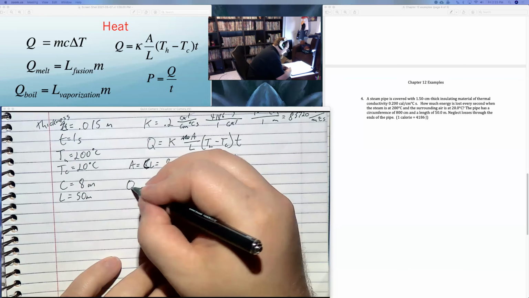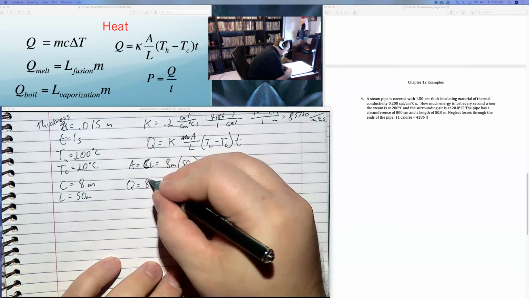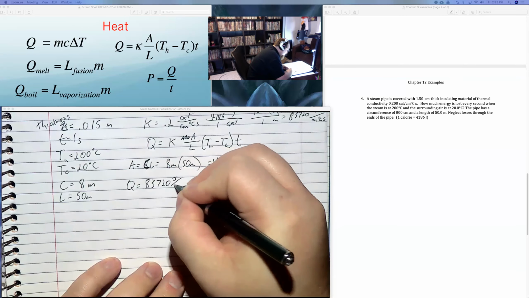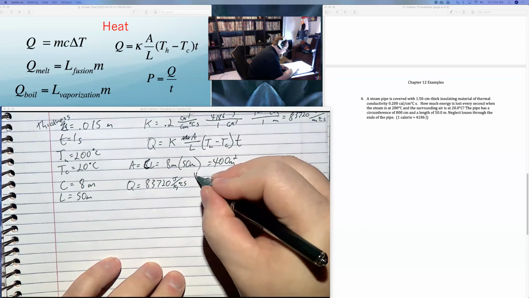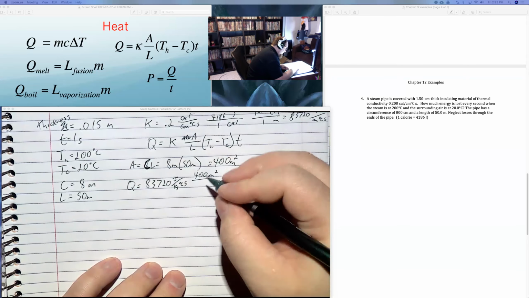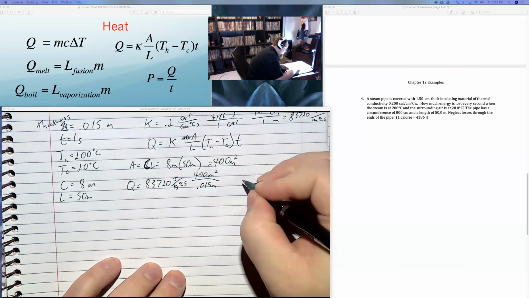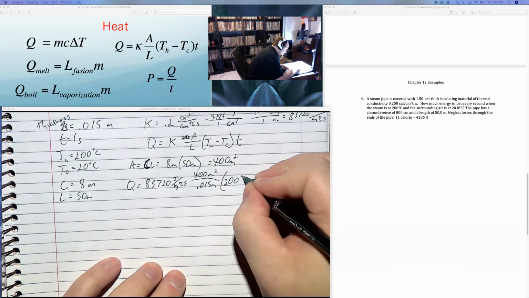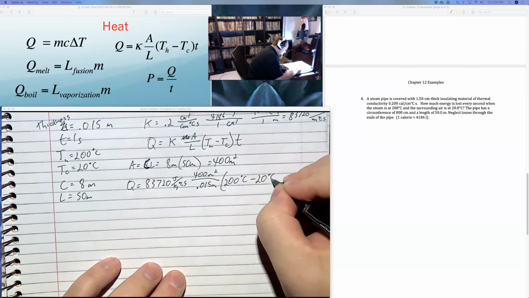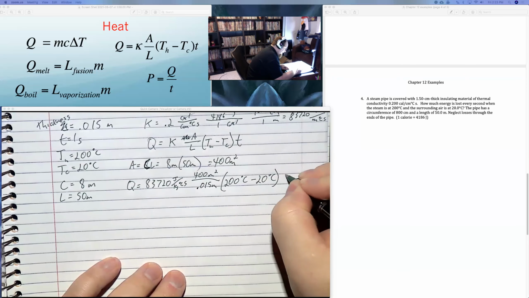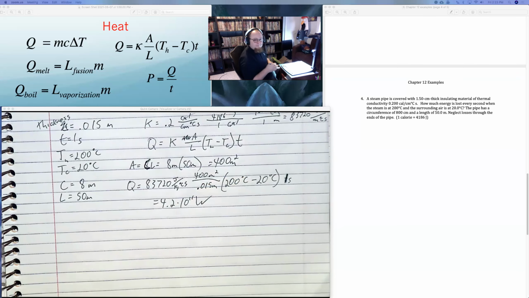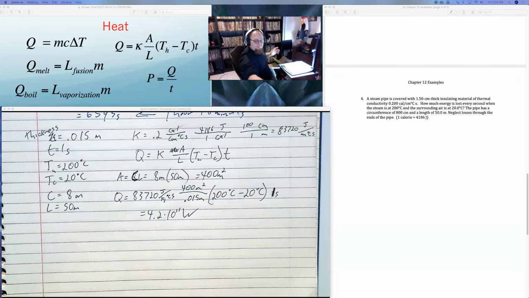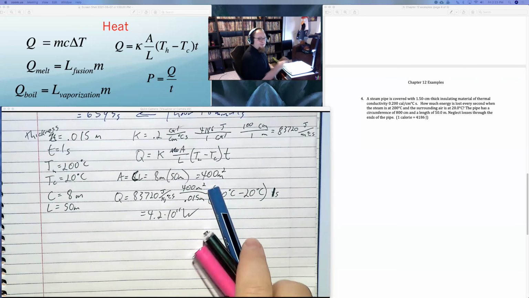And therefore, the heat lost in 1 second will be kappa, 83720 joules per meter degrees Celsius second, times the area, 400 meters squared, over the thickness, 0.015 meters, times T hot minus T cold, times the time. And there you go.